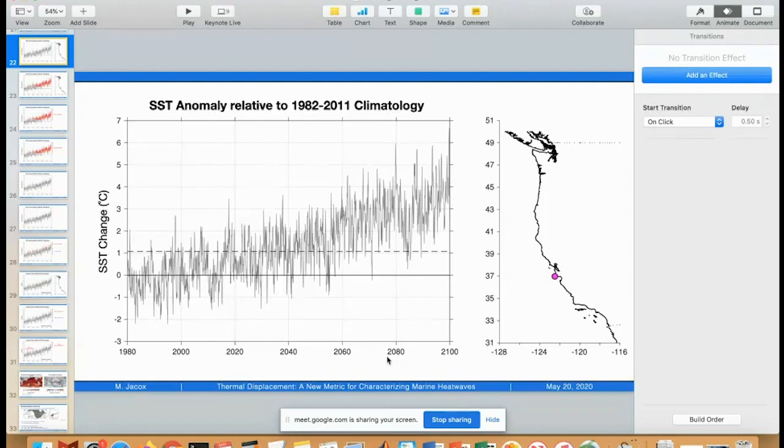For Dylan's talk, he's more focusing on multi-year, or at least lasting a season, like the time scale. I wonder whether you could distinguish whether you're focusing on the same time scale as Dylan's. Yeah, I think so.